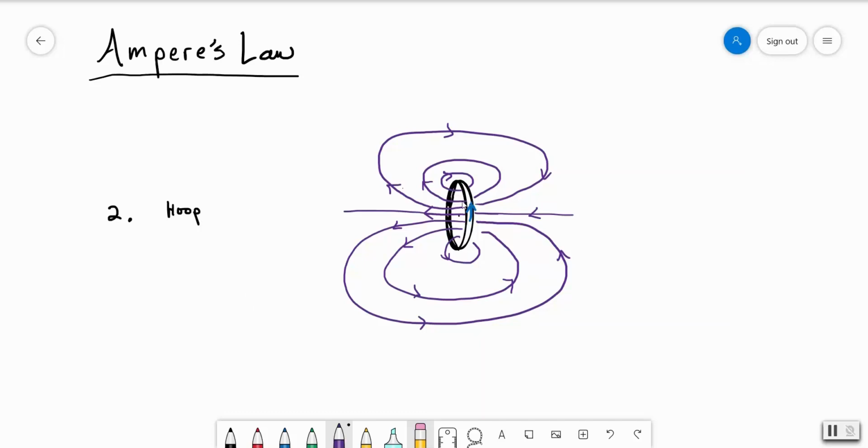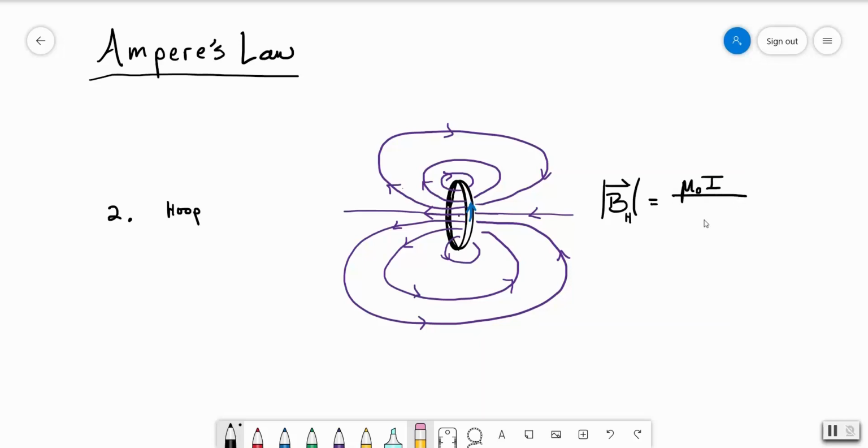Now we can't really easily calculate the magnetic field everywhere else, but we can calculate it right here in the middle, and we can calculate it using this value, which I will put as B sub h for hoop. It's very similar to our previous equation. As a matter of fact, you might not even spot the difference.